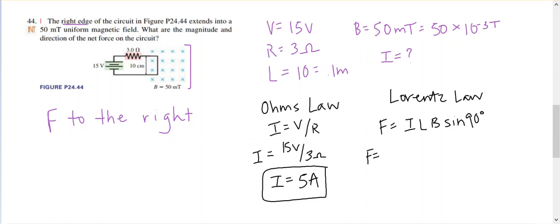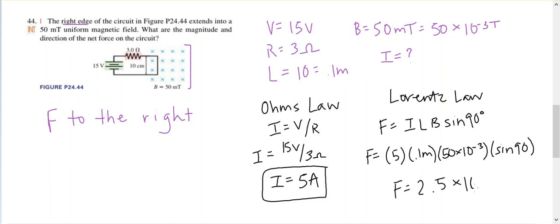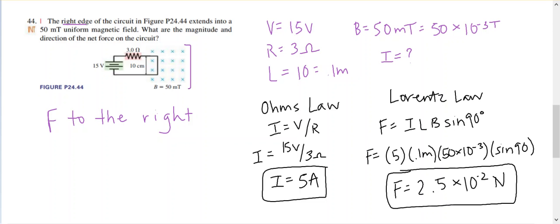F equals 5 times 0.1 meters times 50 times 10 to the negative 3, times sine of 90. And when we plug all of this in, we get that the force is 2.5 times 10 to the negative 2 newtons. So our final answer is that the force is 2.5 times 10 to the negative 2 newtons to the right.